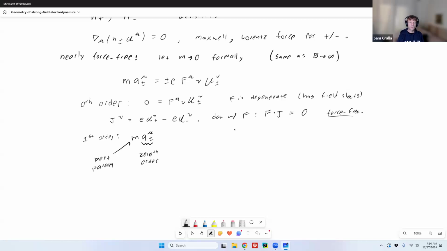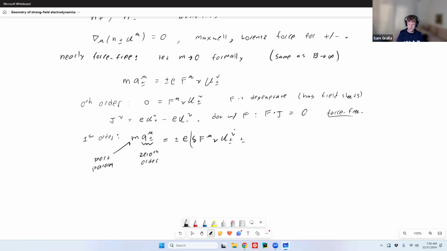So the perturbation parameter appears in the equation. So the left-hand side has a 0th order quantity times the perturbation parameter. And then on the right-hand side, f dot u vanishes in the background. So I'm going to get two terms. I'll use a delta for perturbation. So I'll get that term.